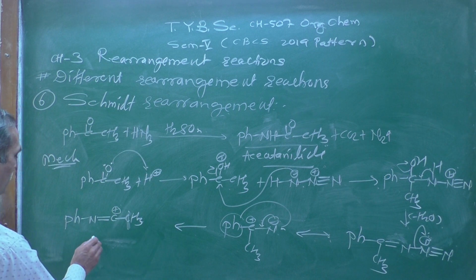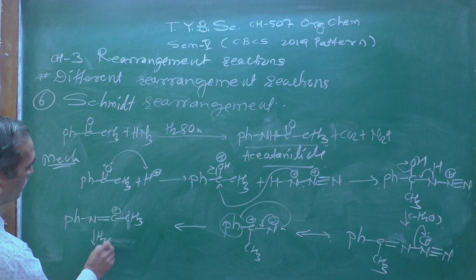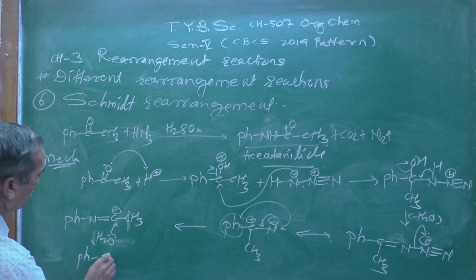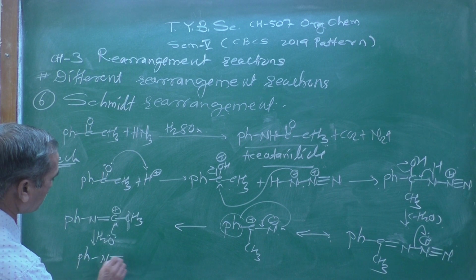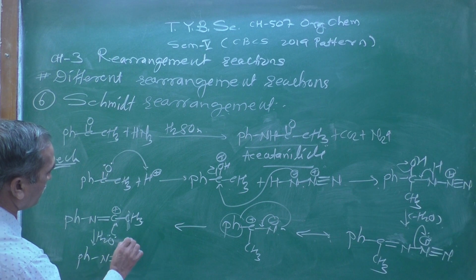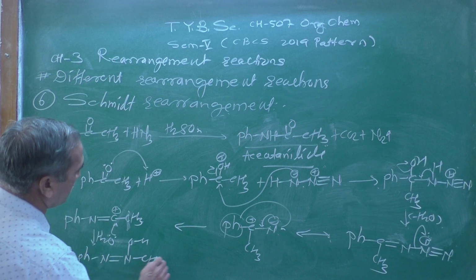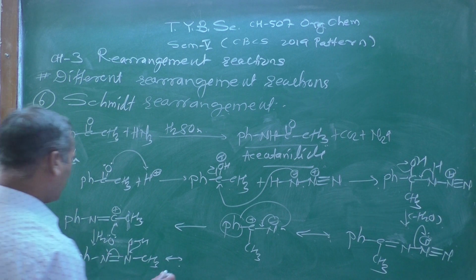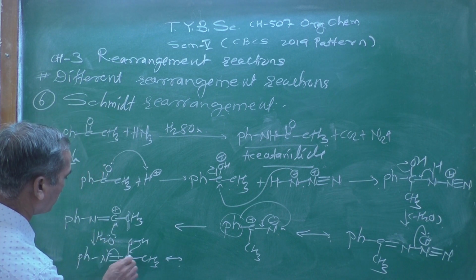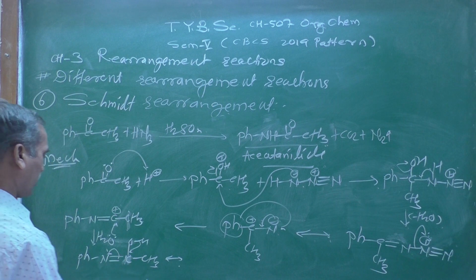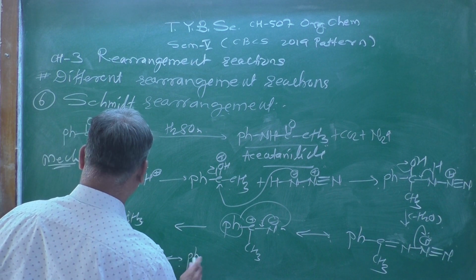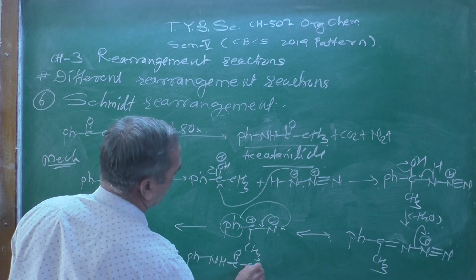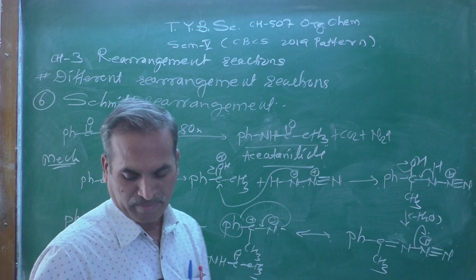After that a water molecule attacks over there. You will be getting PhN double bond C, OH, then CH3, which is the enol form, and you will get Ph, then NH-C double bond O, CH3 in this manner.